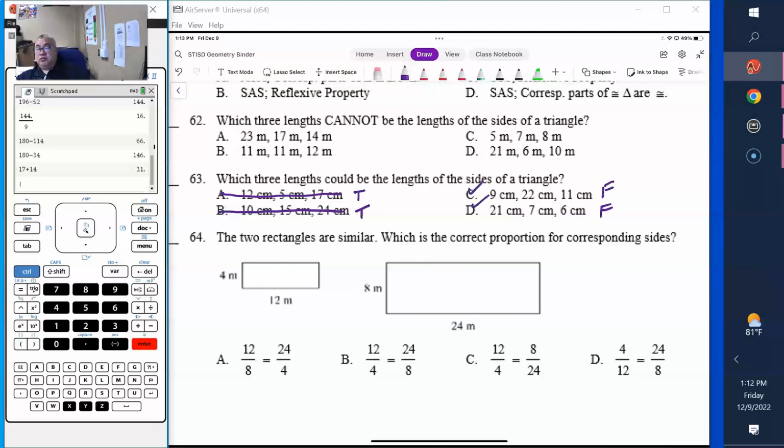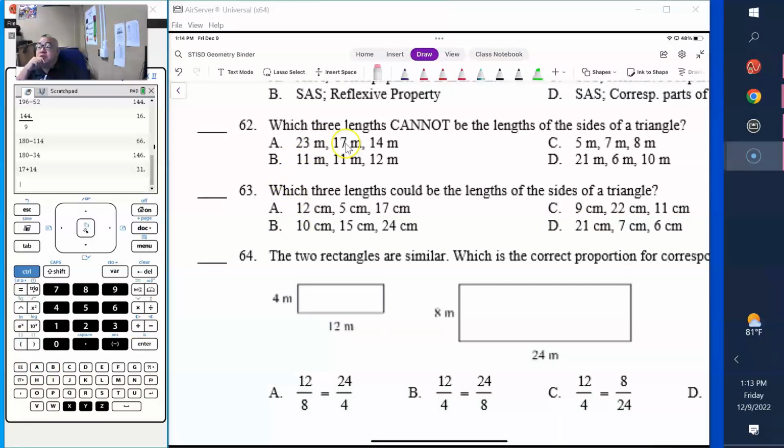That can be triangles. Because 22 centimeters is the longest side, 9 plus 11 is 20, and 7 plus 6 is 13. So these two can't be triangles. Which three lengths cannot be lengths of the sides of a triangle? So 17 and 14, I think that's 31.